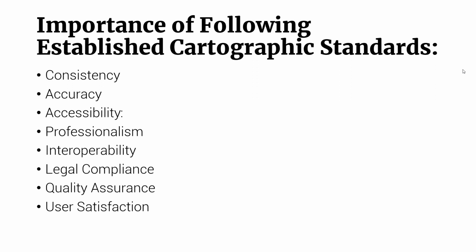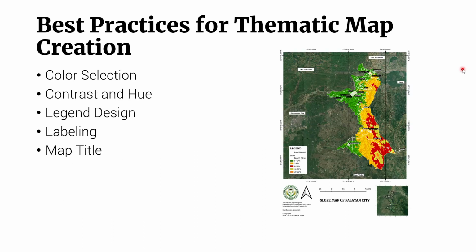Okay? The third one is accessibility. Cartographic standards promote accessibility by providing guidelines for creating maps that are usable by diverse audiences. And the fourth one is professionalism. Adhering to standards demonstrates professionalism and expertise in cartographic design, enhancing the credibility of map products. Yeah, kasi itong mapa ganito, pag tinignan niyo sa NAMRIA, yung negative space niya or yung map niya mismo is nasa taas.